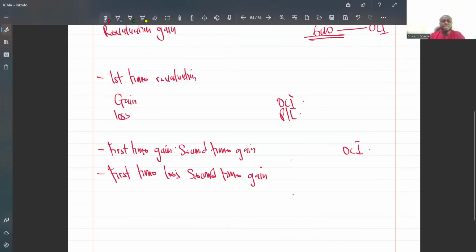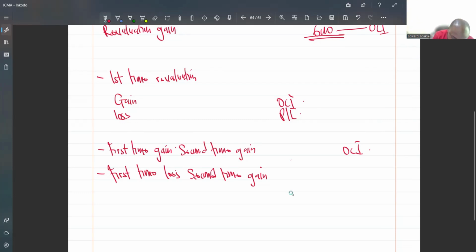And we are saying that the second time gain should go and offset that loss we had in the P or L. It should go to the P or L to offset the loss, so that if the gain is more than the loss, whatever will be left, we bring it at the OCI.